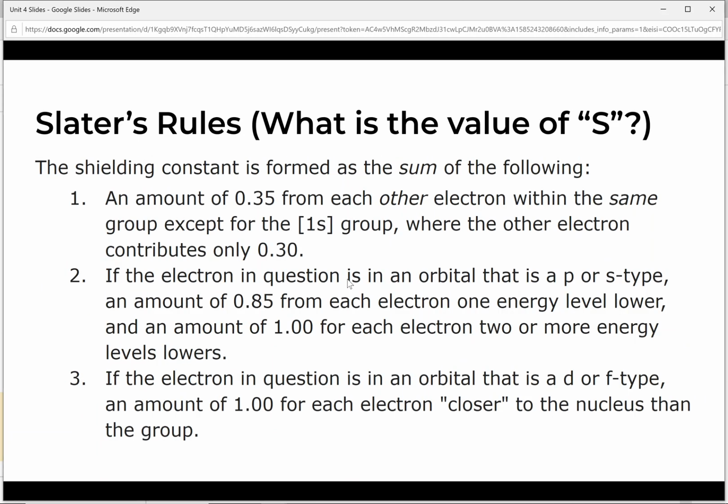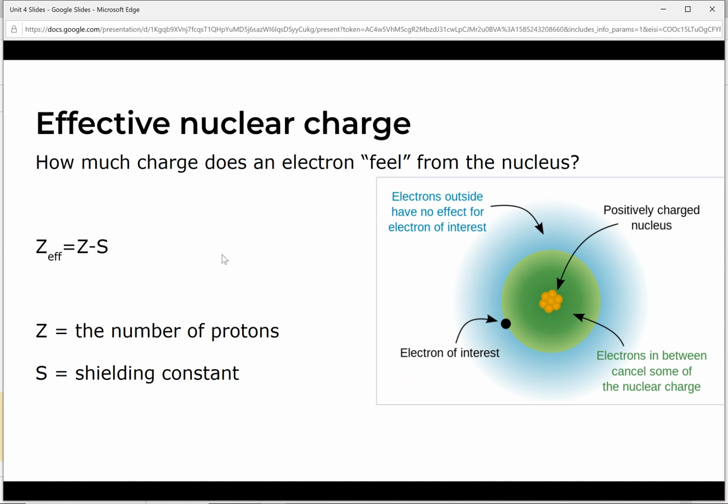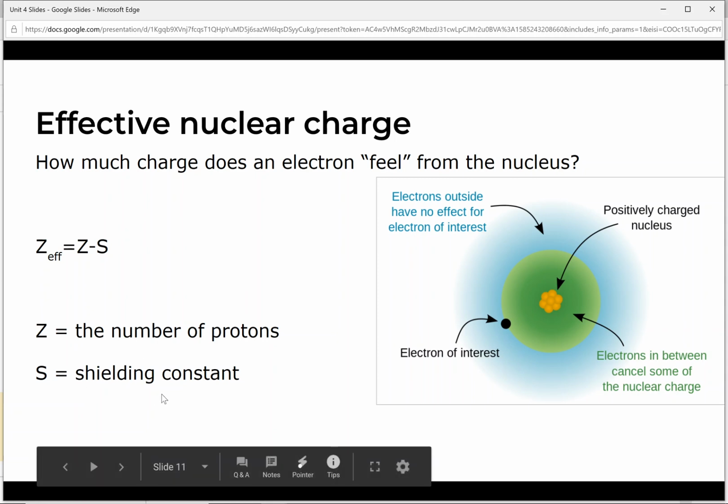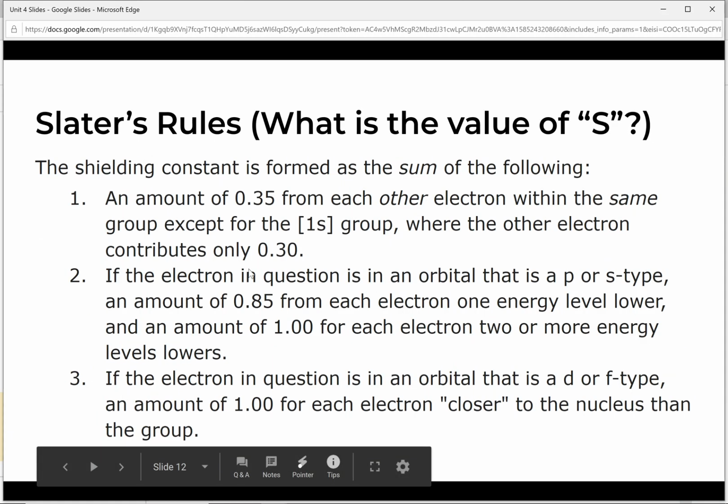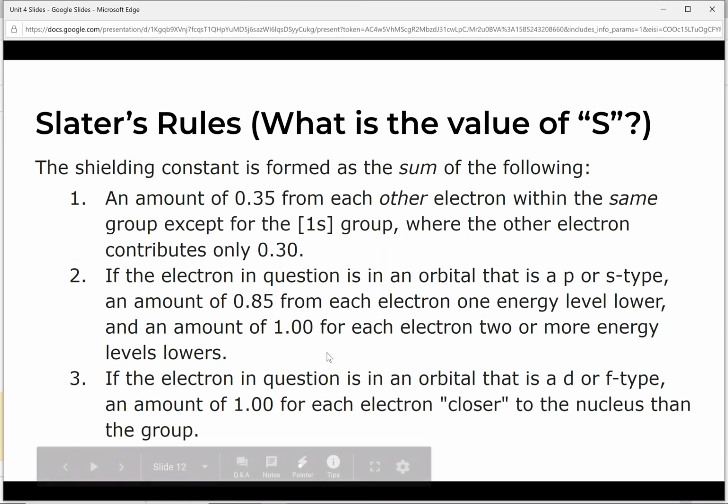So there's Slater's rules here. You can look at these. They tell you how to calculate the value of S. So this is Z minus S. Z is always going to be the atomic number, right? The number of protons. S changes depending on which electron you're looking at. So you can use these three rules here to calculate what that value of S would be.